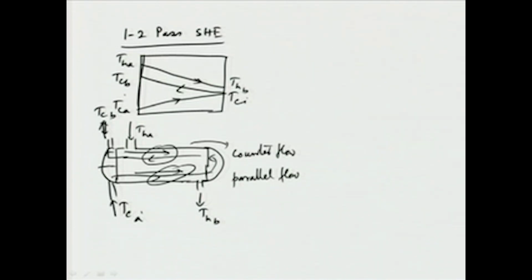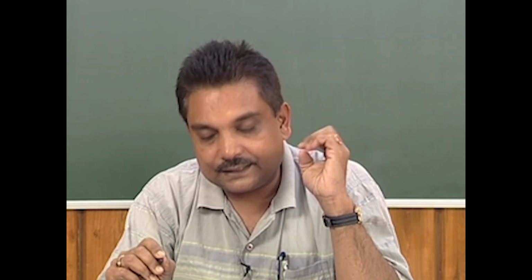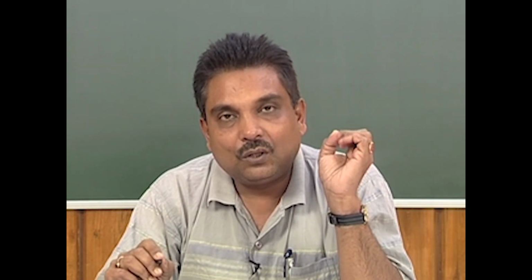So, the counter flow is the hotter part of the hot fluid against the cold fluid, and the other side is in parallel flow operation. So, in this case it is neither a perfect parallel flow nor a perfect counter flow situation.